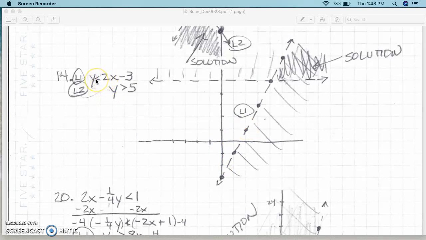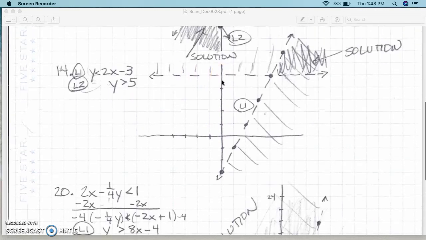And then I shaded below it because it's y is less than that value. Then the second one is y is greater than 5. So we go to where y is 5, 1, 2, 3, 4, 5, and we shade above. It also is dashed because it's not or equal to. And then where these two shaded areas overlap, right here, that's my solution.